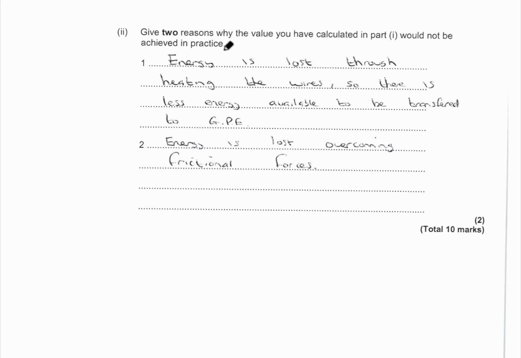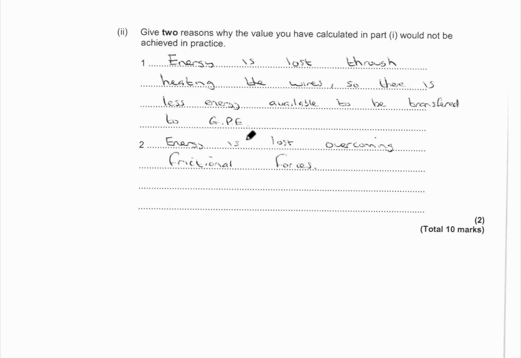What they do allow is this. First of all, energy is lost through heating in the wires. They allow that, or very similar statements such as energy is lost through heating of the circuit, or energy is lost through I squared R heating, which is basically the same thing. The second point is energy is also lost overcoming frictional forces in the motor.